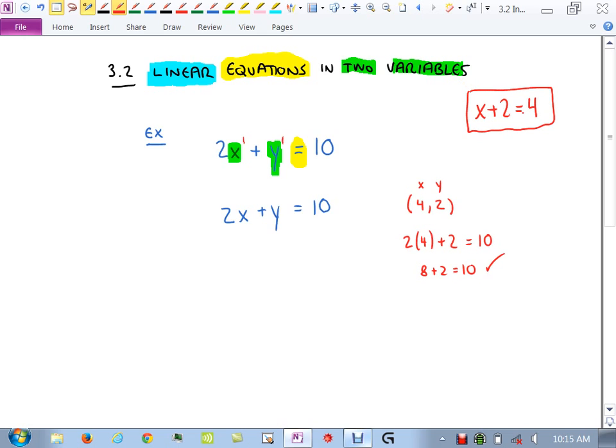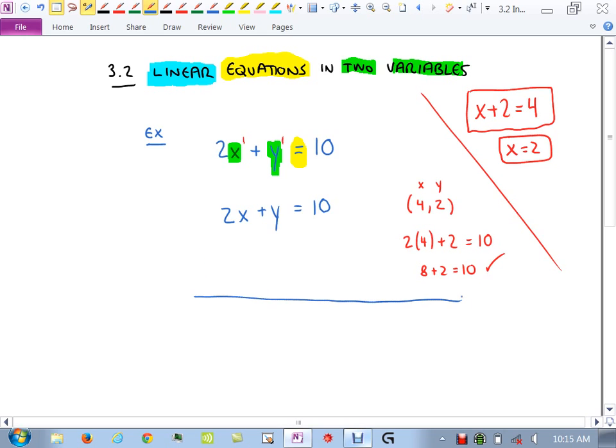You would subtract 2 on both sides and you would get x is 2, wouldn't you? That is the only answer, right? That was our only answer. Now that we are dealing with these linear equations in 2 variables, we have an answer right now, don't we, to this equation? But is it the only one?